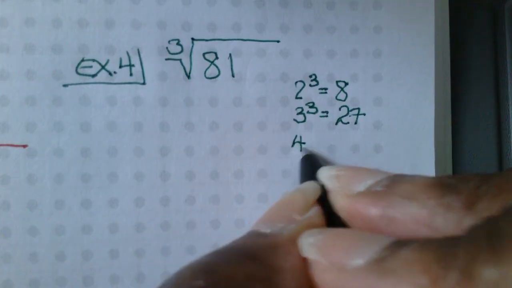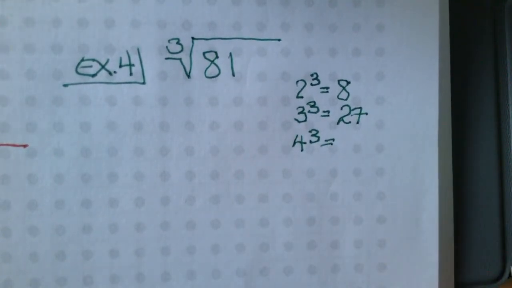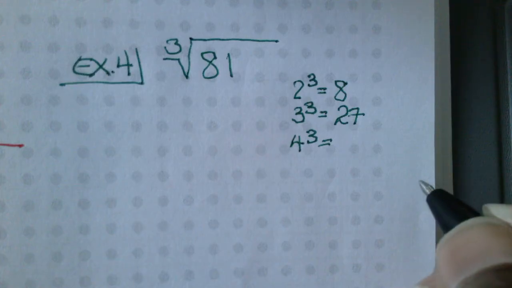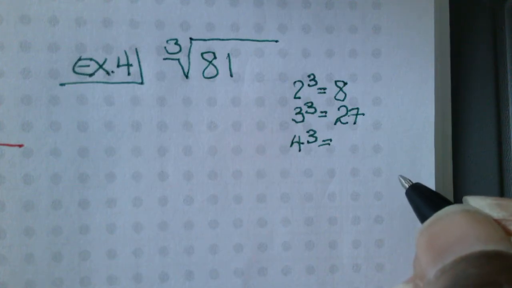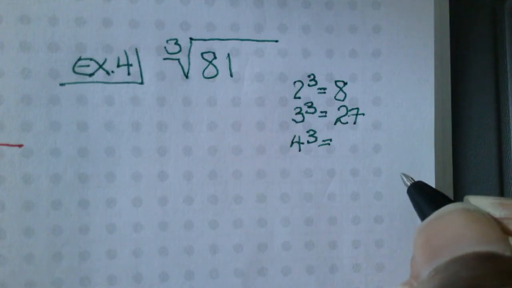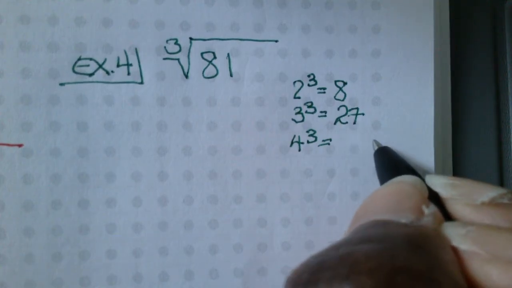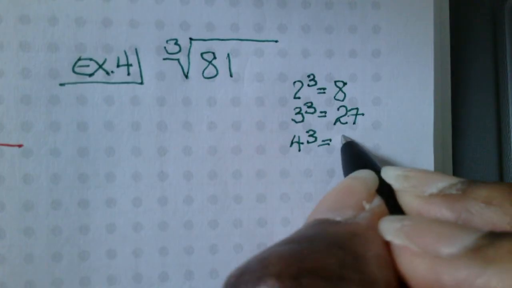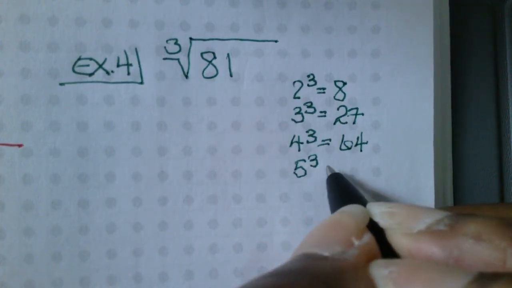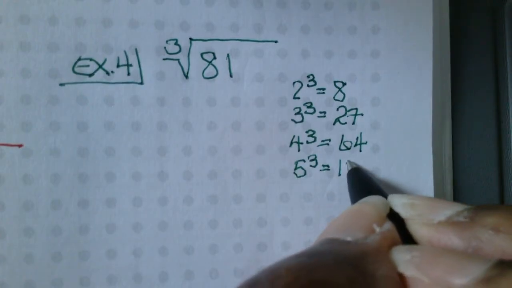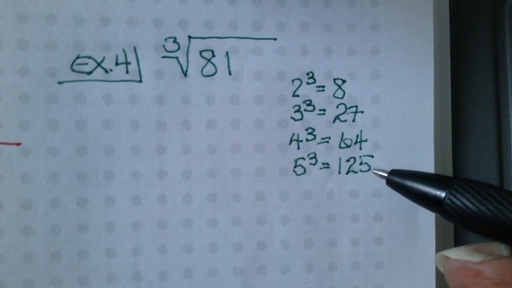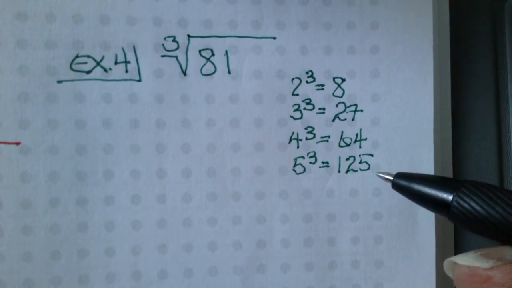Then we have 4 to the third power, so that's 4 times 4 times 4, so we have 16 times 4. Would that give us our 81? Carrie Star is saying 4. Okay? Because 4 times 4 is 16 times 4 is 64. And we know that 5 cubed, that's 5 times 5 times 5, that gives me 125. So anything dealing with the 5's will be way too much.